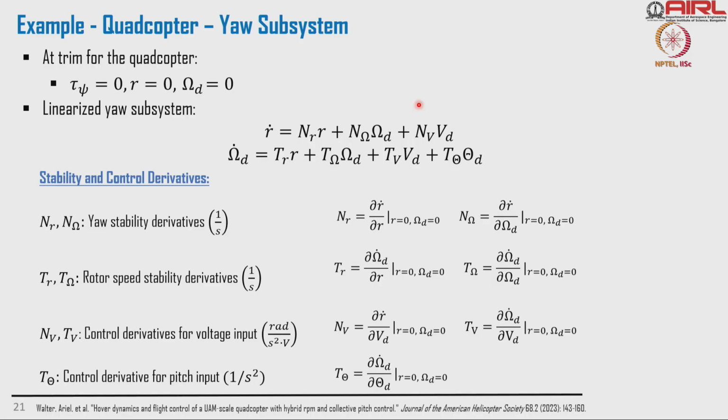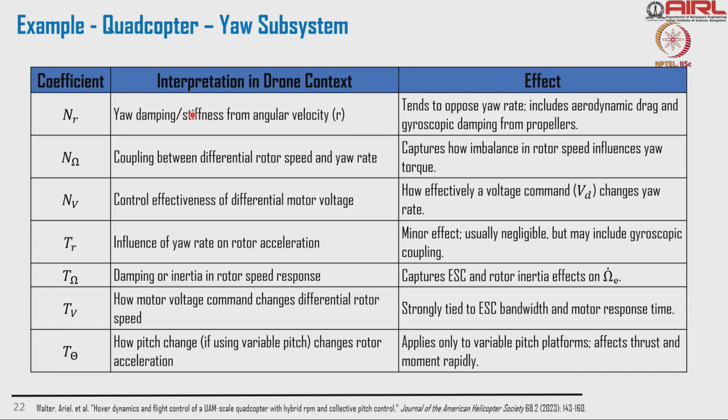So we get this information and try to understand what these derivatives are and how they are going to influence the response. NR is the yaw damping, a stiffness from angular velocity. It tends to oppose the yaw rate, right. It includes aerodynamic drag and gyroscopic damping from the propeller.